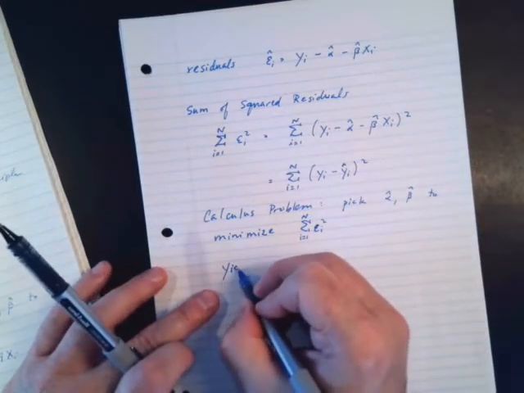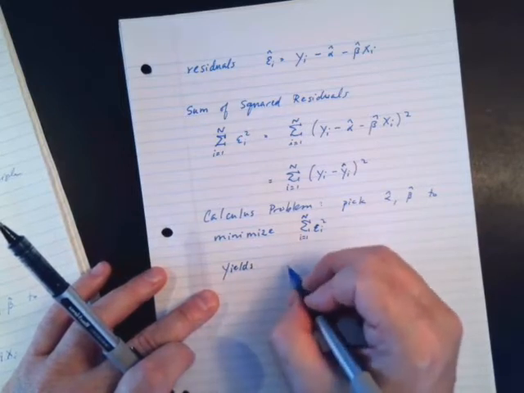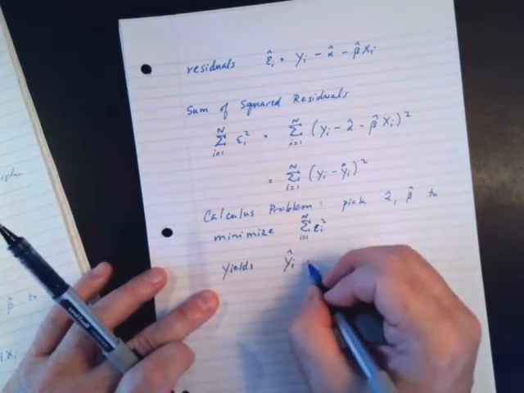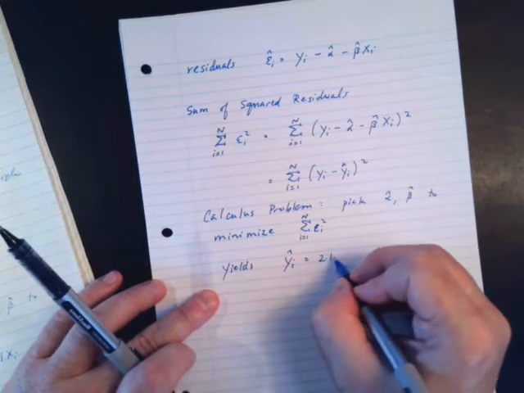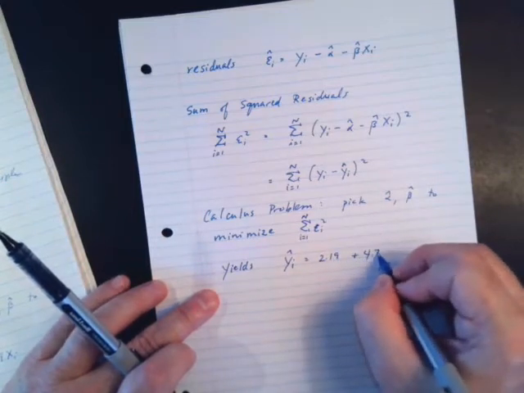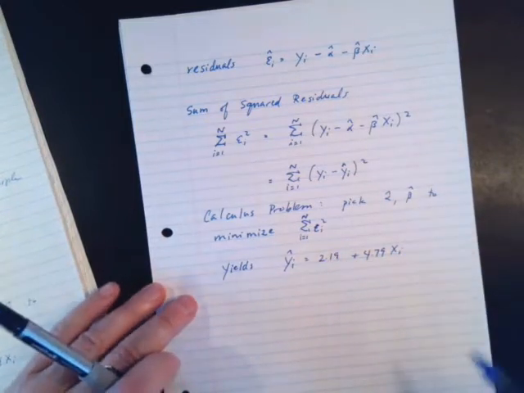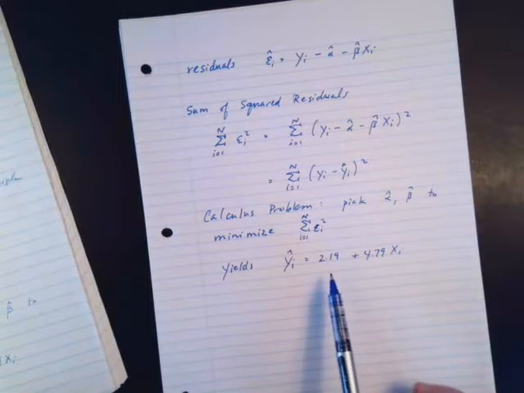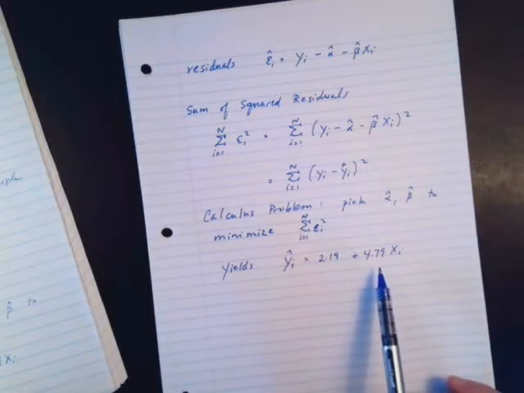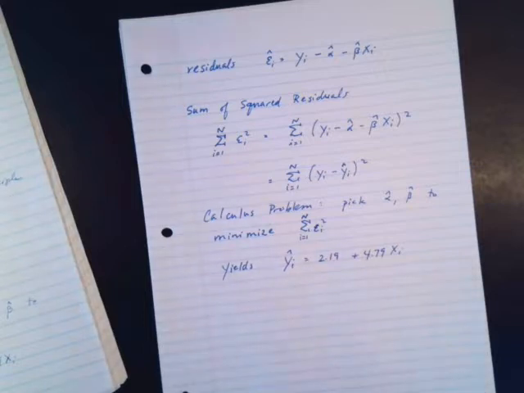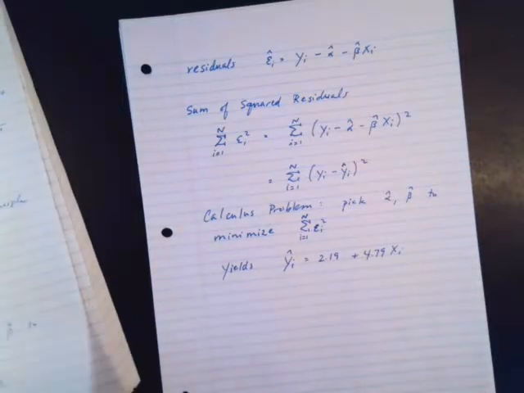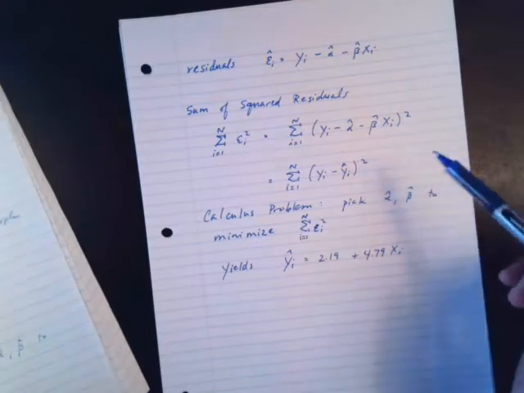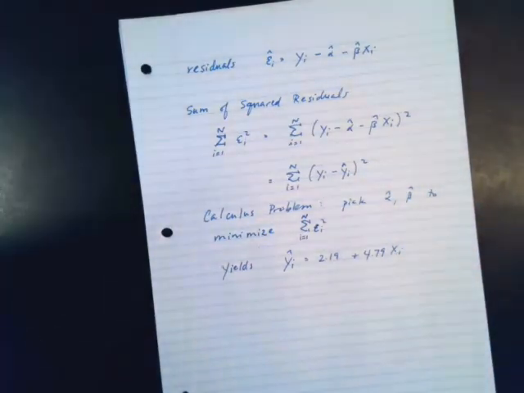If we did, it yields yi hat equals 2.19 plus 4.79 xi. So that figure you saw in the textbook, if you fit a straight line through the data and you use an intercept of 2.19 and a slope of 4.79, that straight line will fit the data best in the sense of minimizing the sum of the squared residuals.